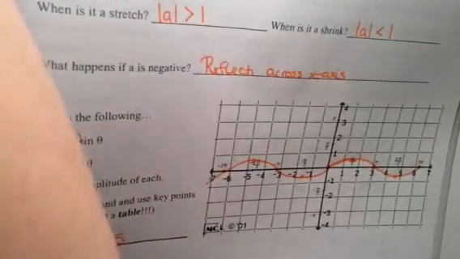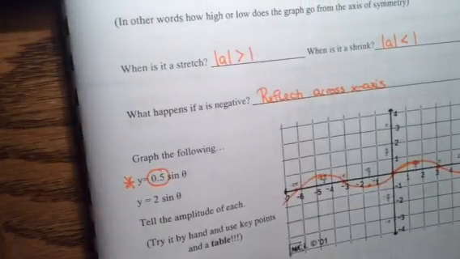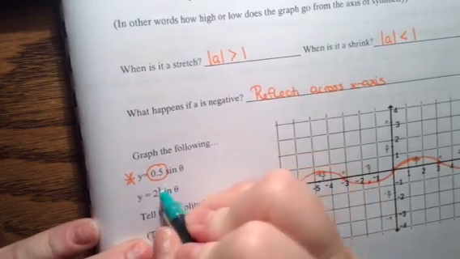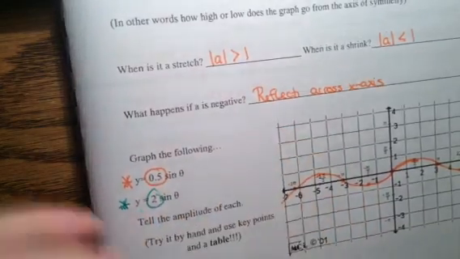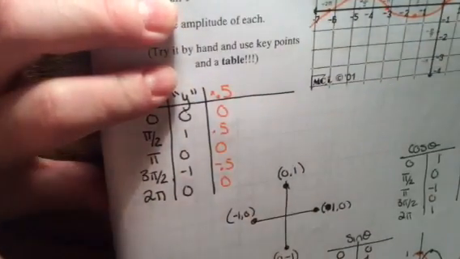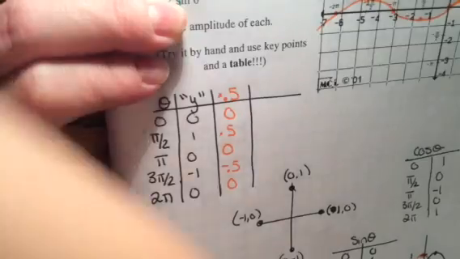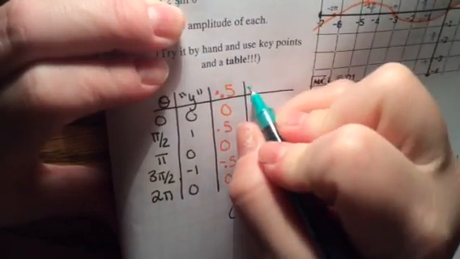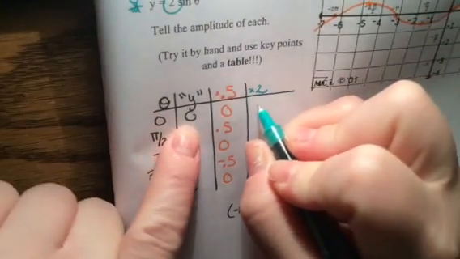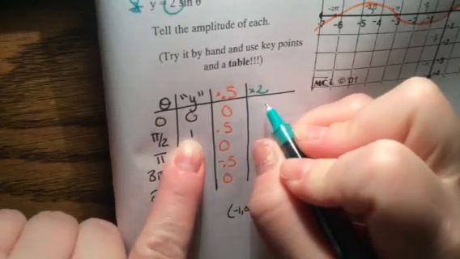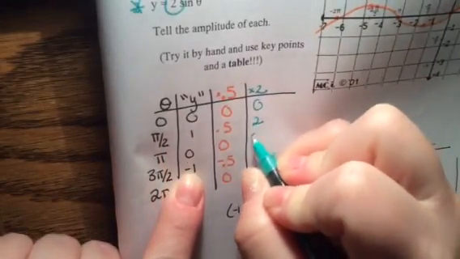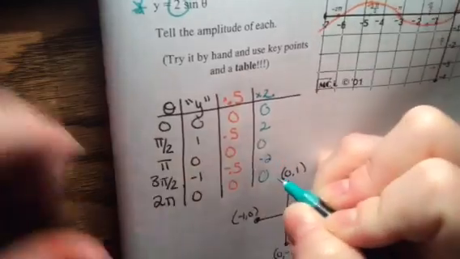And then in my green, I'm going to do the exact same thing, only instead of multiplying my y values by 0.5, I'm going to go back to my y values in this table right here, and I'm going to multiply them all by 2. So take these y values multiplied by 2, you get 0, 2, 0, negative 2, 0.